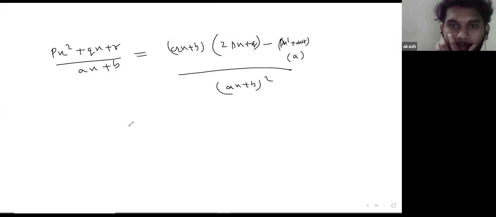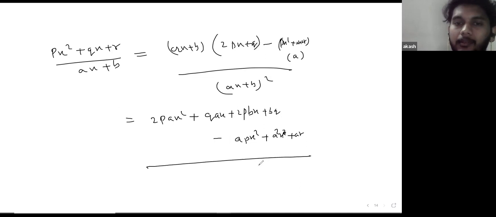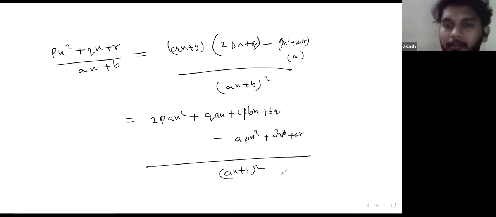You can multiply this because I think this will be cancelling out. ax square plus 2apx plus bq minus apx square minus aqx minus ar, whole divided. No, nothing is getting cancelled out. So this is the answer.